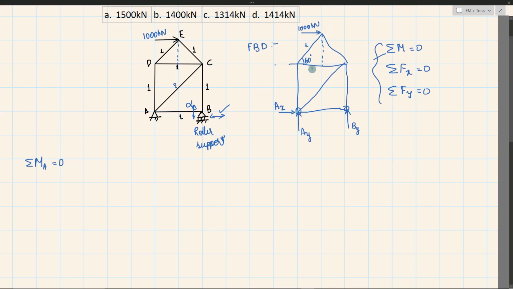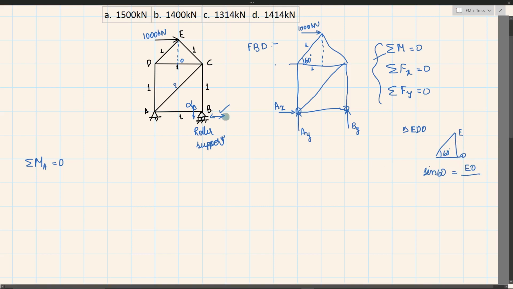To find out that distance, I'll consider this construction, let's say triangle EDO. In this right angle triangle, I know this angle is 60 degree. I'll consider sine 60 degree is nothing but EO divided by ED, which is equal to 1. So EO will be equal to sine 60, that is root 3 by 2. So the whole distance from 1000 kilonewton to the horizontal line will be 1 plus root 3 by 2, right?